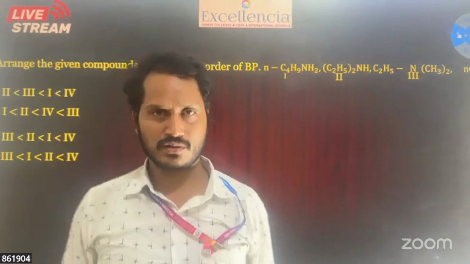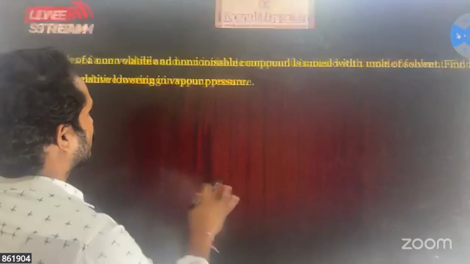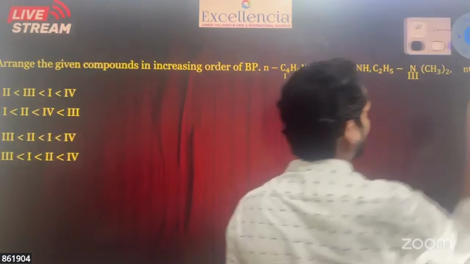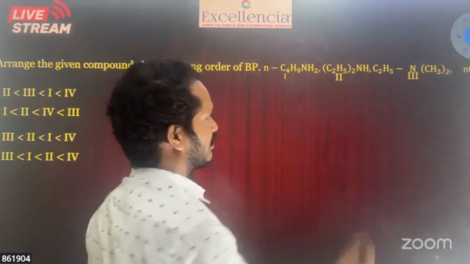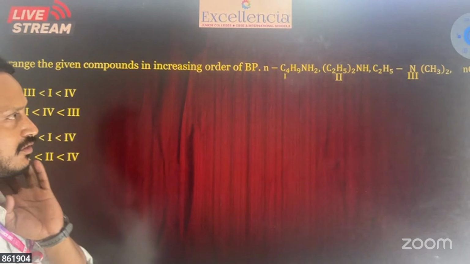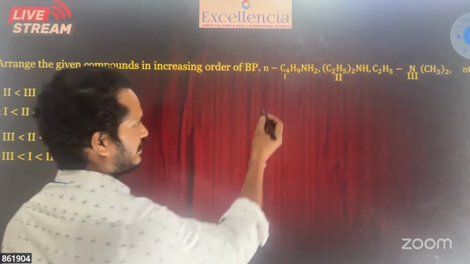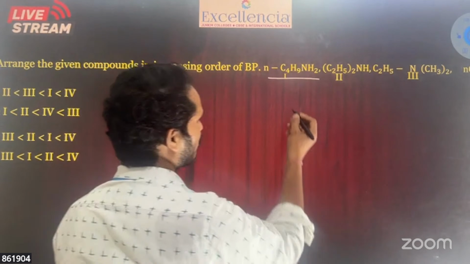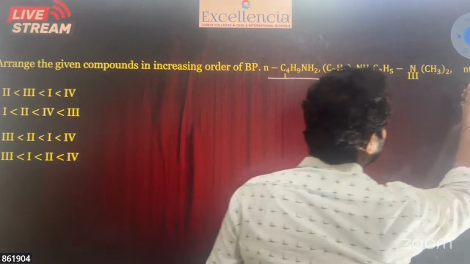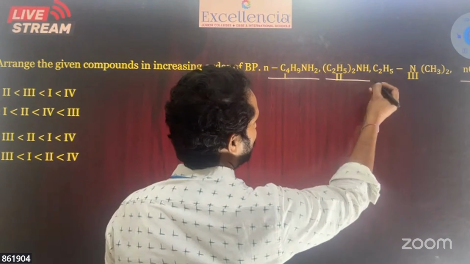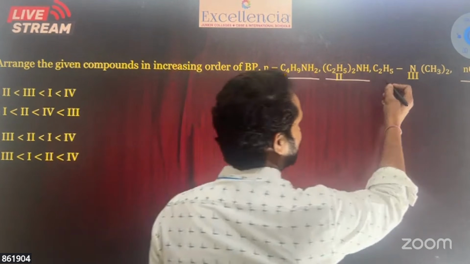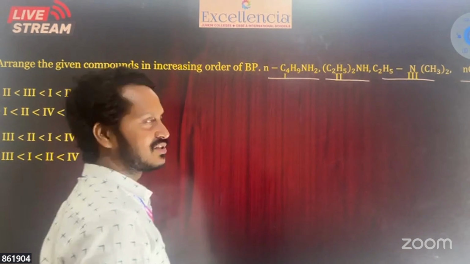So this is one more important topic, a combination of both things like hydrogen bonding, intermolecular forces, and boiling points of all these. So here we are taking C4H9NH2, C4H9OH, and this is also C4H9NH2, this is also C4H9N.